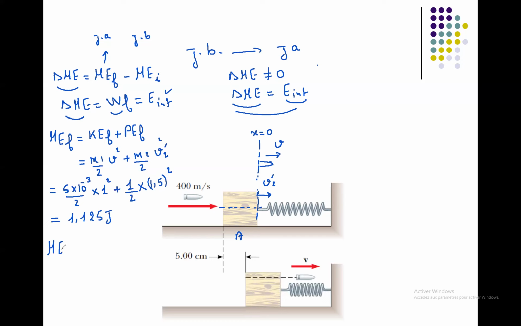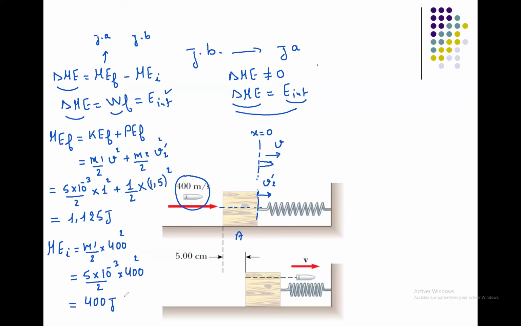Mechanical initial equals to, we have only initially the kinetic energy of the bullet equals to m1 over 2 times v square equals to m1 5 times 10 power minus 3 over 2 times 400 square equals to 400 joule.